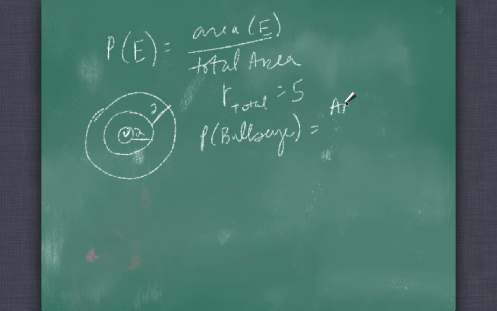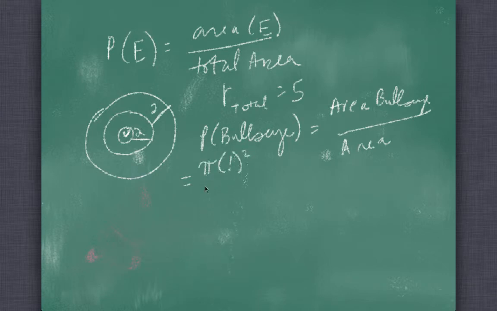Then what I need is the area of the bullseye divided by area total. Okay? The bullseye has radius 1, so that's pi times 1 squared. This has radius 5, so pi times 5 squared, so pi over 25 pi, or 1 in 25, okay?